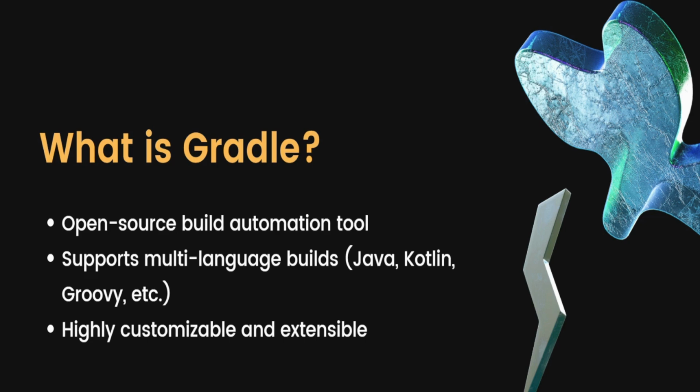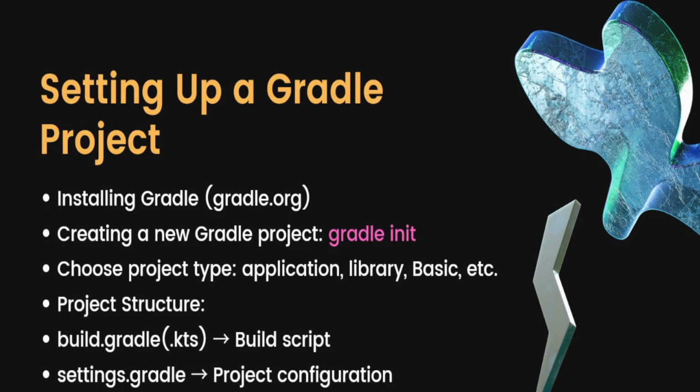If we use an automation tool, then we do not have to perform those tasks manually. Gradle supports multiple programming languages like Java, Kotlin, and Groovy. Also, Gradle is more customizable compared to Maven.